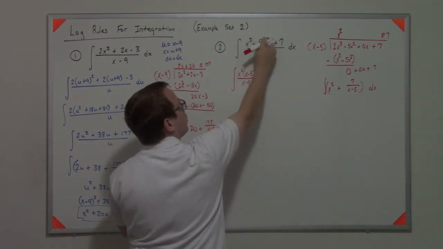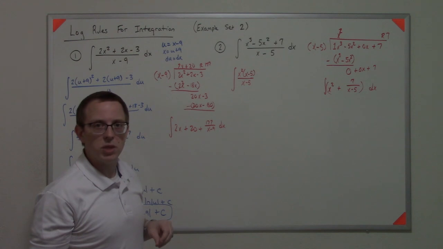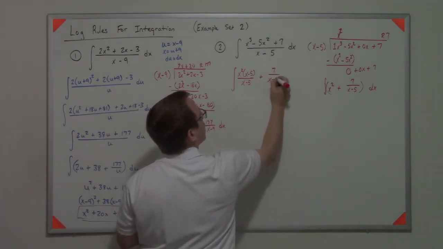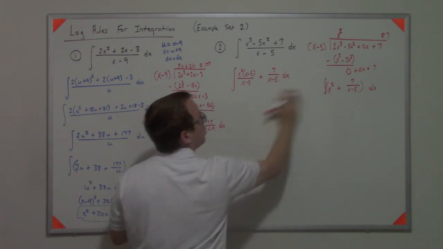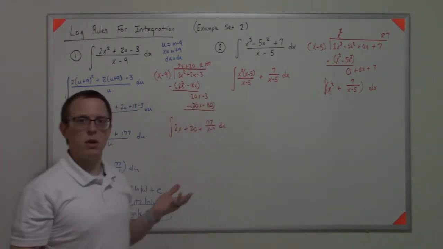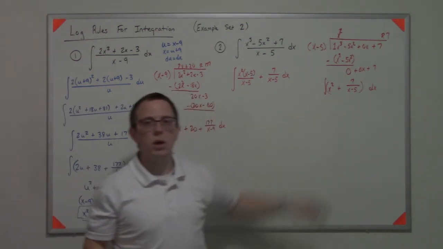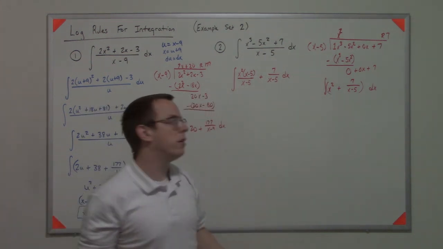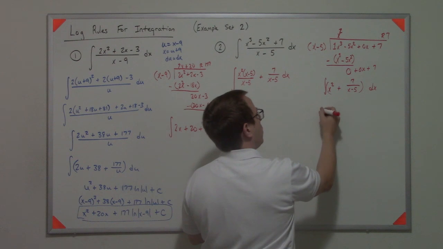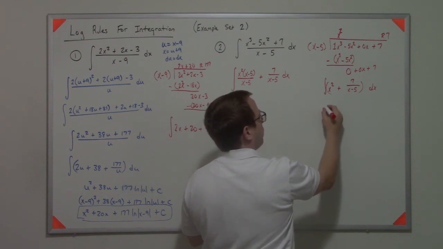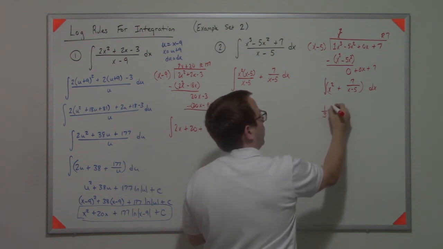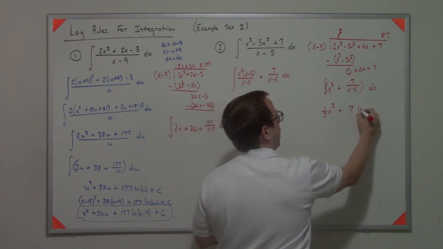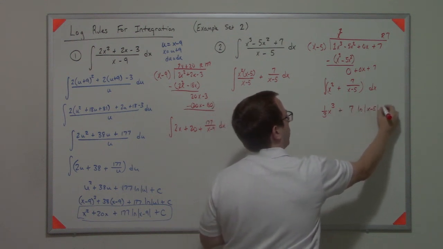If I factor out an x squared, I get x squared times x minus 5 plus 7 over x minus 5 dx, which gets me exactly that. It's the same idea, but long division is more of a guarantee. Then from here we can take the antiderivative: one third x cubed plus 7 natural log of x minus 5 plus c.